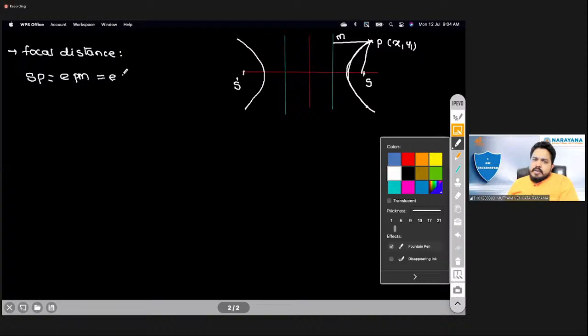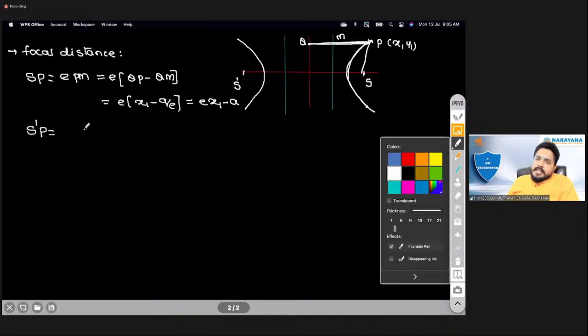So e is PM, you take QP minus QM, which is equal to e times x1 minus a by e, because this distance is a by e. So SP is equal to ex1 minus a.